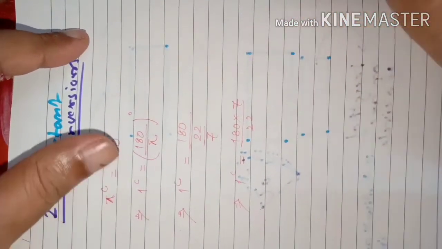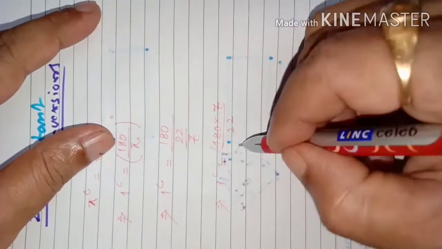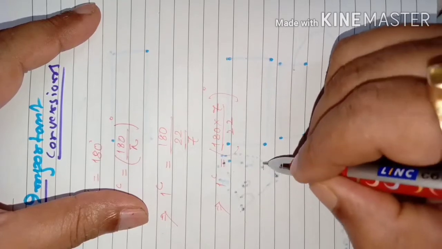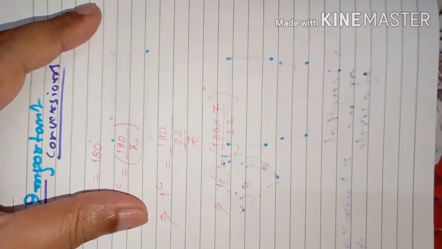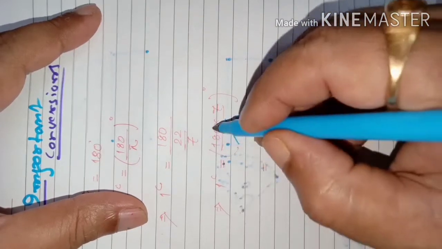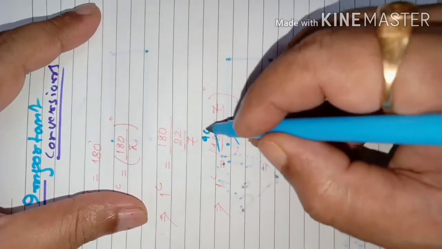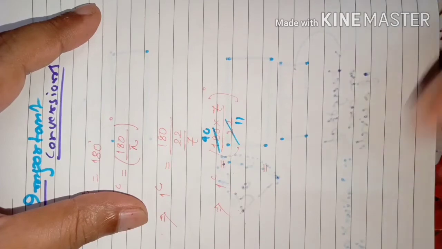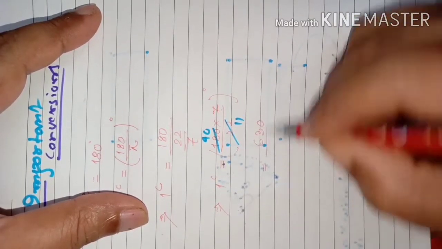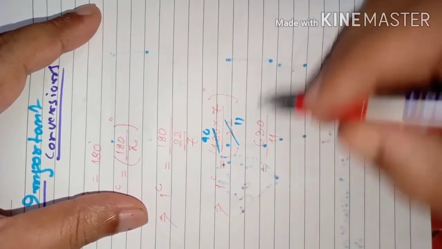Now if we cancel, 11 twos are 22, and 2 nines are 18, 0, 90. That is 7 nines are 63. 630 divided by 11 degree.